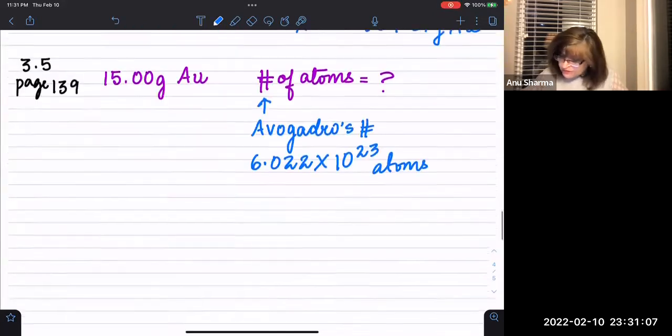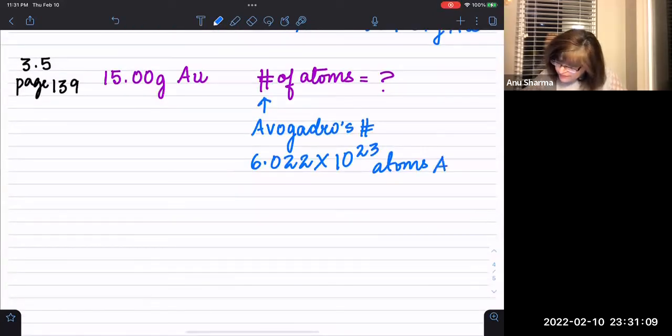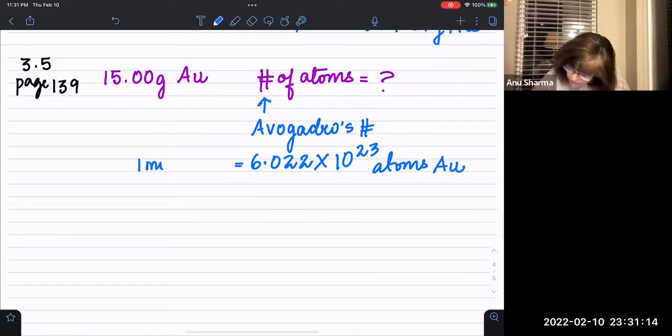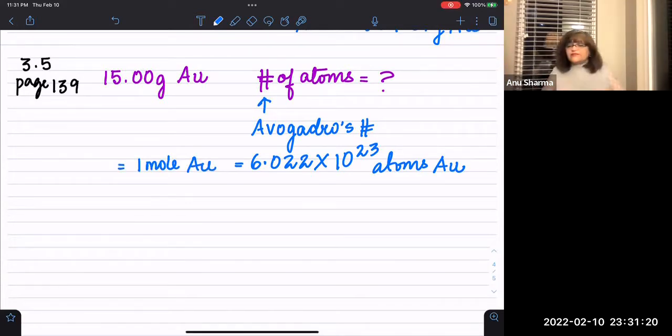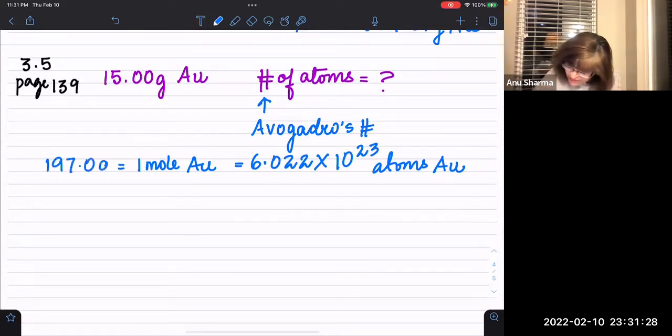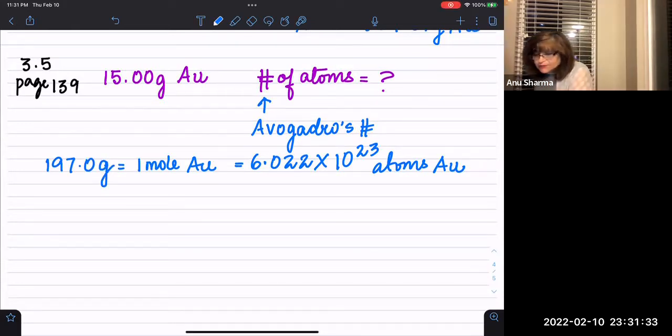Because we are looking at atoms of gold, this is present in 1 mole of gold, and the weight of 1 mole of gold is 197.0 grams. So 197.0 grams of gold contain 6.022 times 10 to the power 23 atoms of gold.